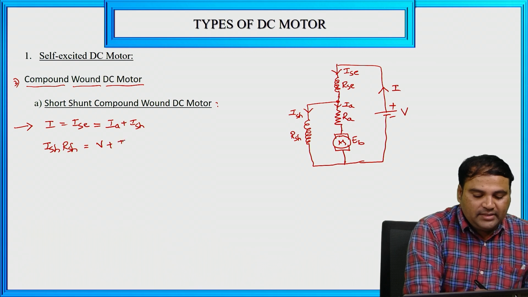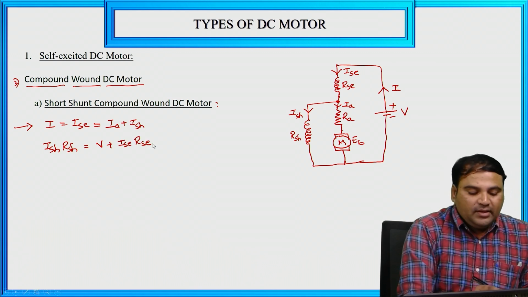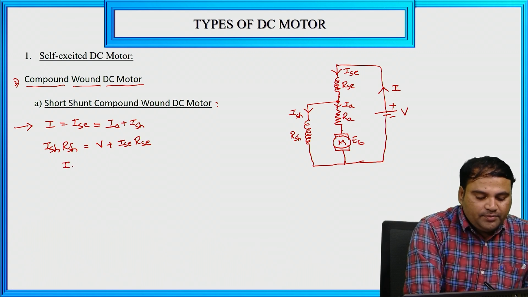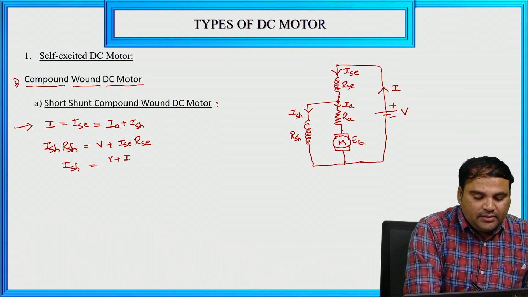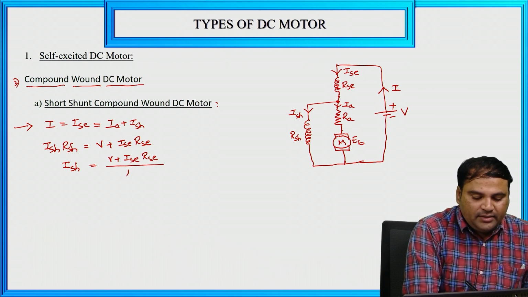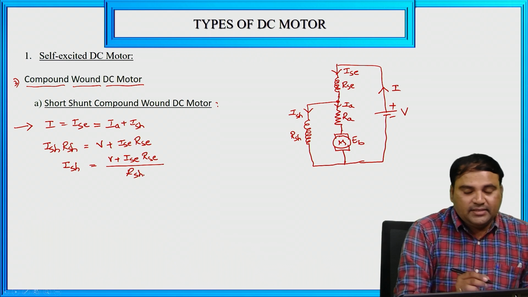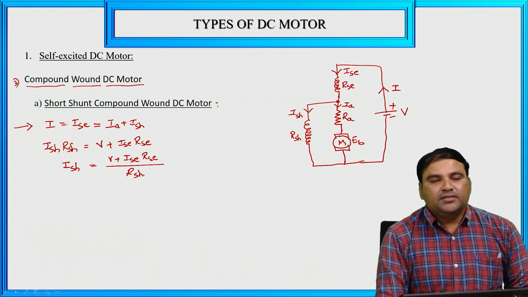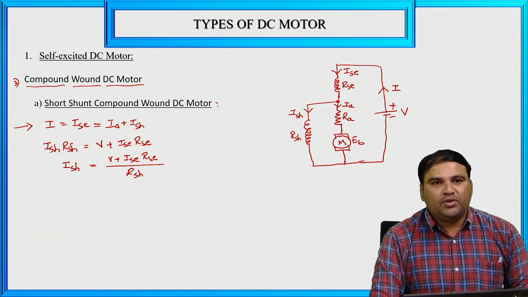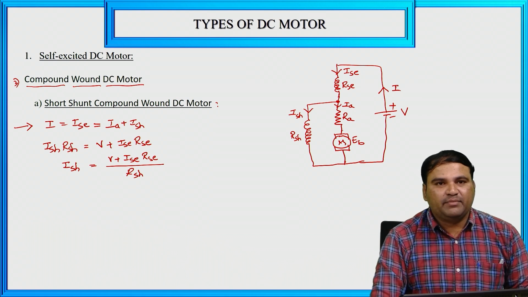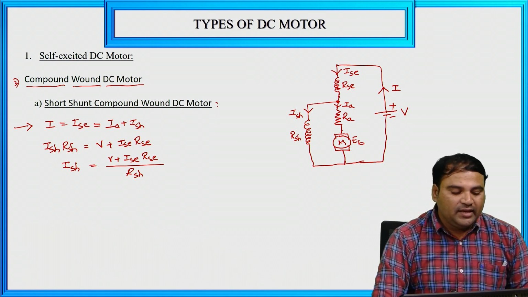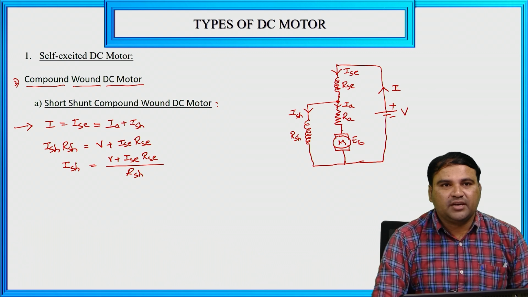Then ISH equal to V plus ISC RSC divided by RSH. RSH is the shunt field resistance. So shunt field current ISH is equal to V plus ISC RSC divided by RSH. So these are the current relations of given short shunt compound wound DC motor.